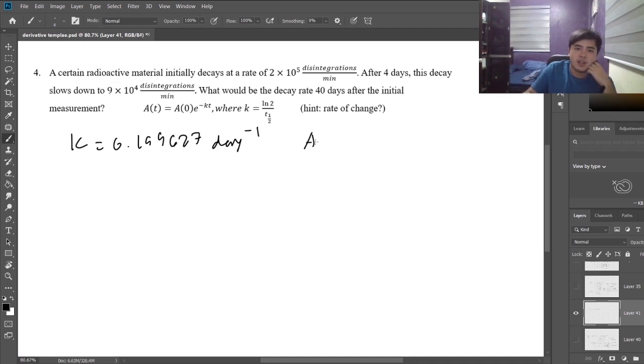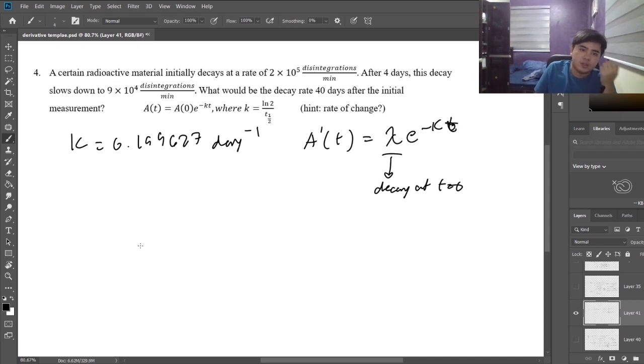And our formula now is A prime of t equals lambda e to the negative kt, where again lambda is the decay at t equals 0. Alright, so we know k, we know t, which is 40. So we just need to calculate A prime of 40.